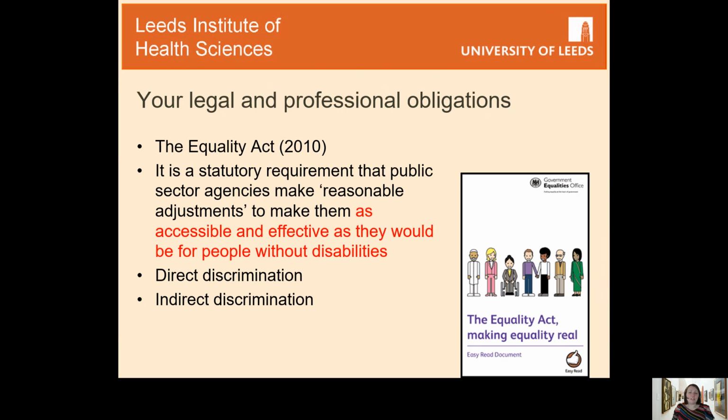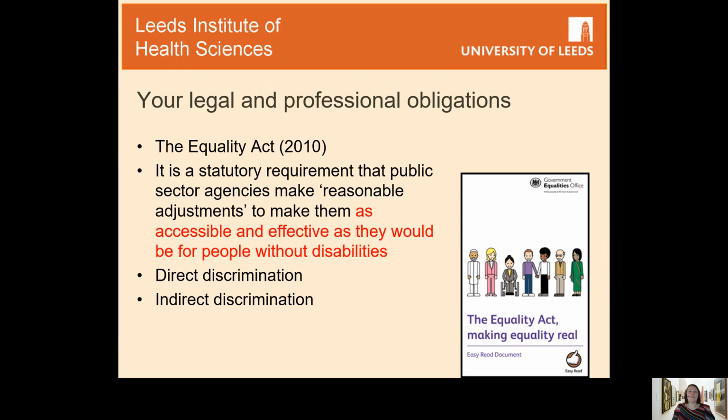If you don't make these changes, we end up with direct discrimination and indirect discrimination. Direct discrimination is when you discriminate against somebody because of a characteristic which is defined in the Equality Act as a protected characteristic. So you have said, I've got a patient with learning disabilities and diabetes. They need, as part of their pathway, to be offered education on diabetes.